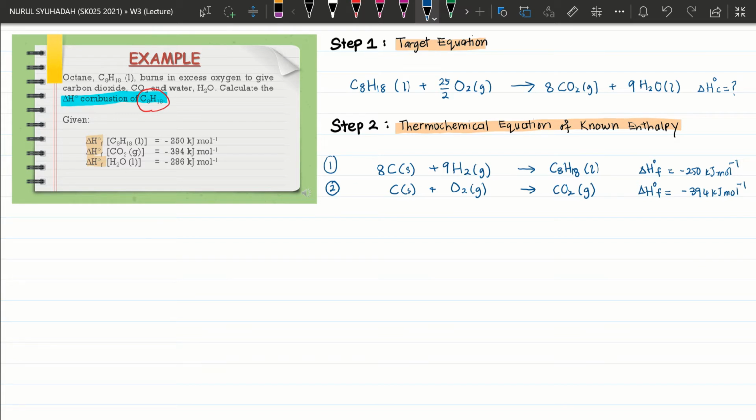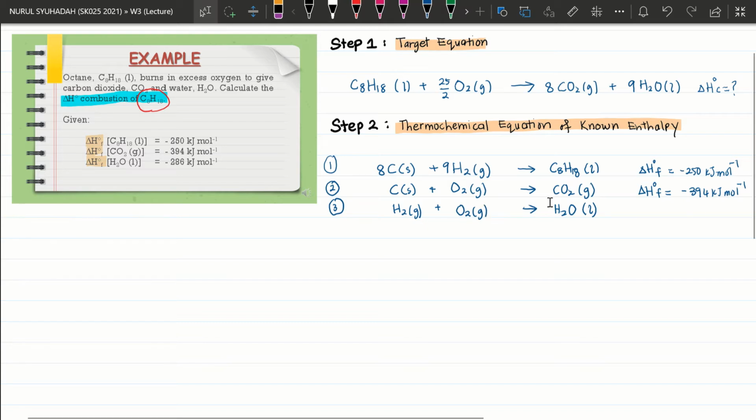Do the same steps for the third one. Formation of water. So formation of 1 mole of H2O. Make sure H2O is 1 mole. So liquid, from its elements hydrogen and oxygen. Hydrogen at room temperature is H2 gas, and also oxygen is O2 gas.